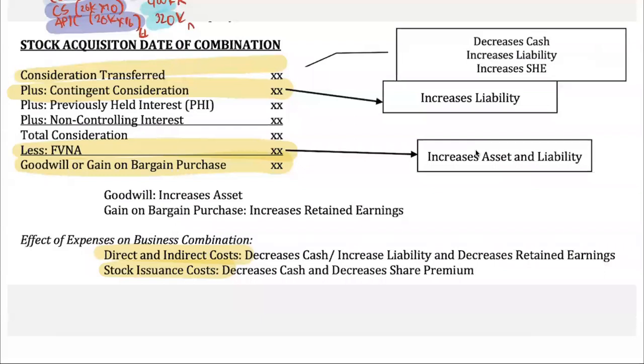So whatever effect we have discussed a while back, whether it decreases or increases cash, increases or decreases liability, increases asset or liability, or decreases retained earnings, it has the same effect. Again, your consideration transferred, contingent consideration, FVNA, goodwill, direct, and stock issuance costs, the effect is the same as what we discussed in your asset acquisition.